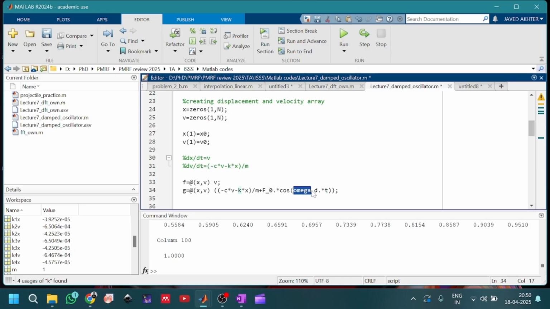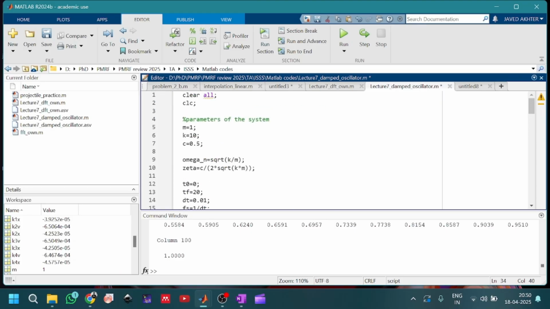Now we have to define what f0 and omega d are.